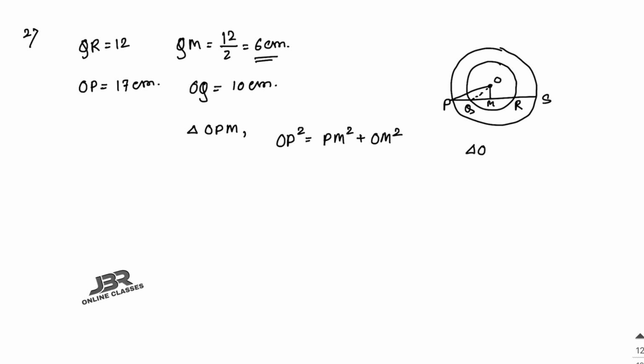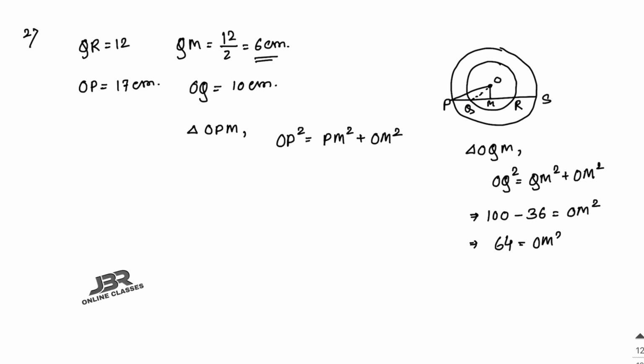From the triangle OQM, OQ square is equal to QM square plus OM square. So OQ square is 100, minus QM square 36, equal to 64, which is OM square. So OM equal to 8.